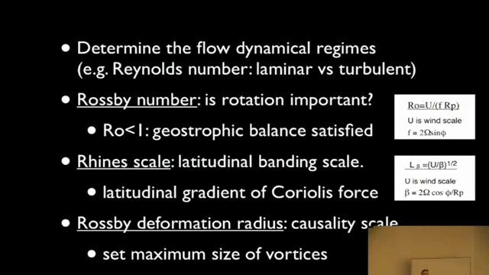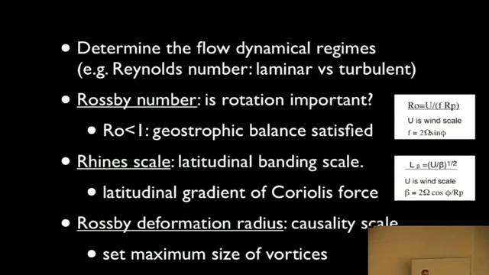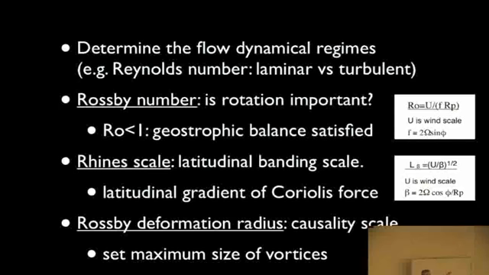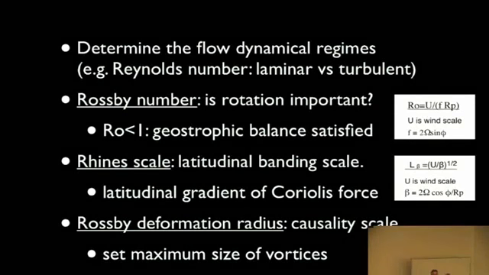If you look at Jupiter and Saturn, you see from the clouds the banding of the flow, tracing the actual atmospheric motions. And the number of bands you get on Jupiter and Saturn is typically associated to the value of the Rhines scale. Basically, it's a number that tells you how banded your circulation might be. And so that's quite a useful number to know about.